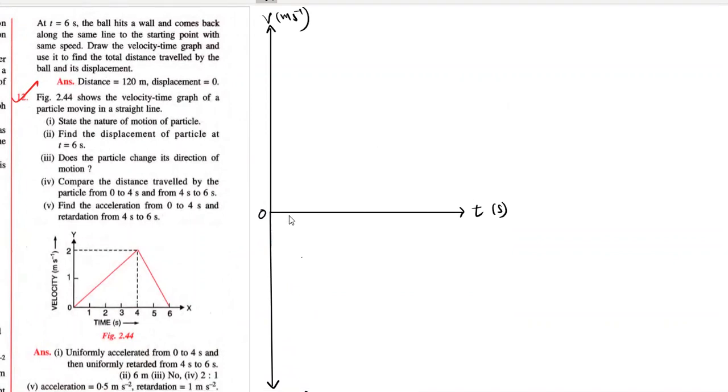Now, time is for going and coming, the total time is 12 seconds. So 0, 2, 4, 6, 8, 10, 12. That's your time, right? Velocity is 0, 5, 10, 0, minus 5, minus 10. Now why I'm taking negative velocity, I will explain to you.